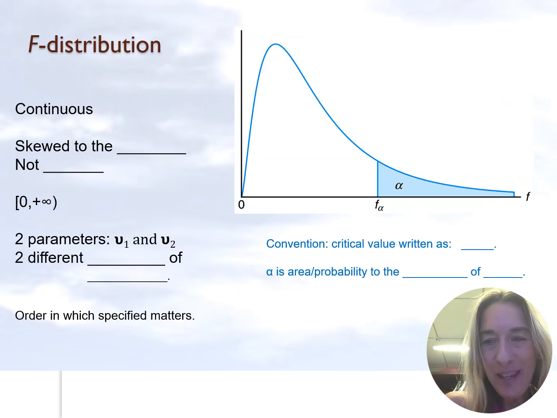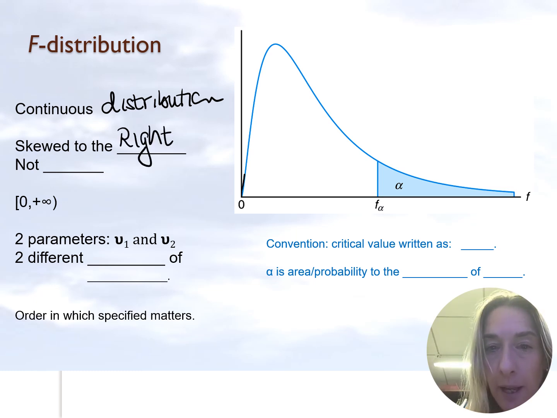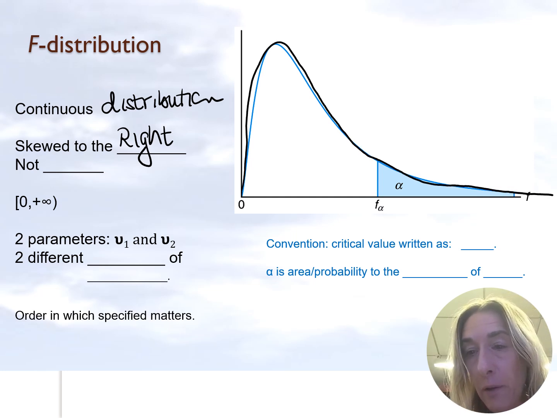So this is what the F distribution looks like, or a picture of it. It looks very similar to the chi-square distribution, which we covered in the previous video. It is a continuous distribution as well. It is skewed to the right also, because it has a long right tail.